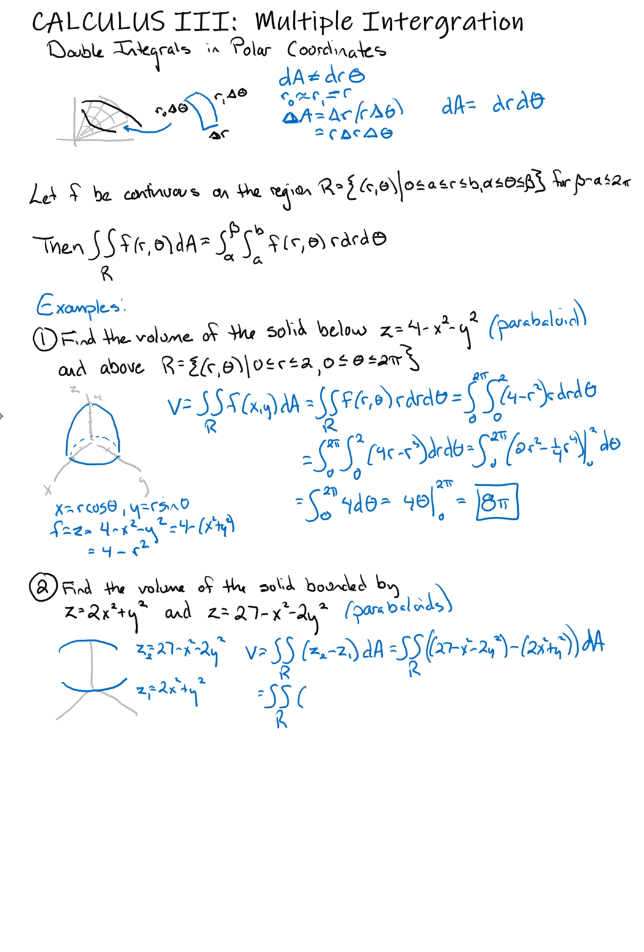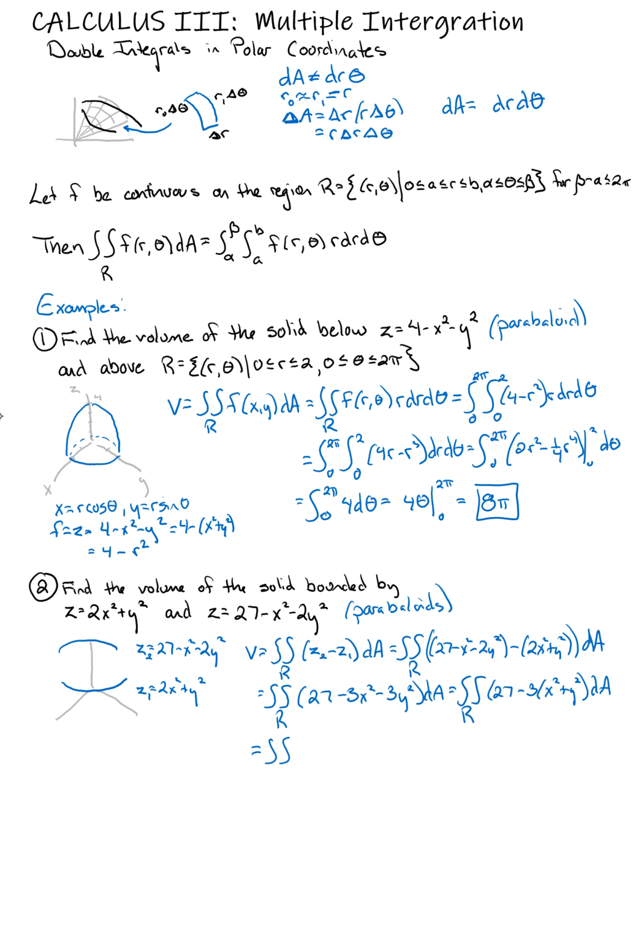That simplifies to 27 minus 3x squared minus 3y squared dA. Oh, and I like that because I see that I can factor out a negative 3 from the last two terms, which makes my life so much better because I know that x squared plus y squared is r squared.